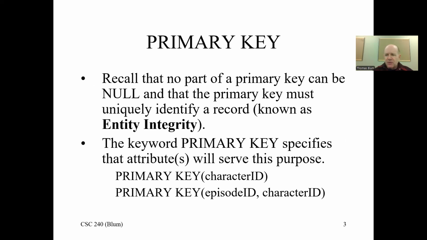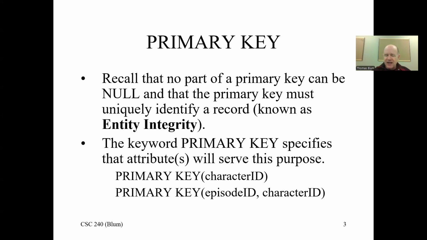As we know, a primary key is used to identify a record within a table or relation. The primary key cannot be null. It can be a single column or it can be a composite. And if it is a composite, then none of the fields can be null.